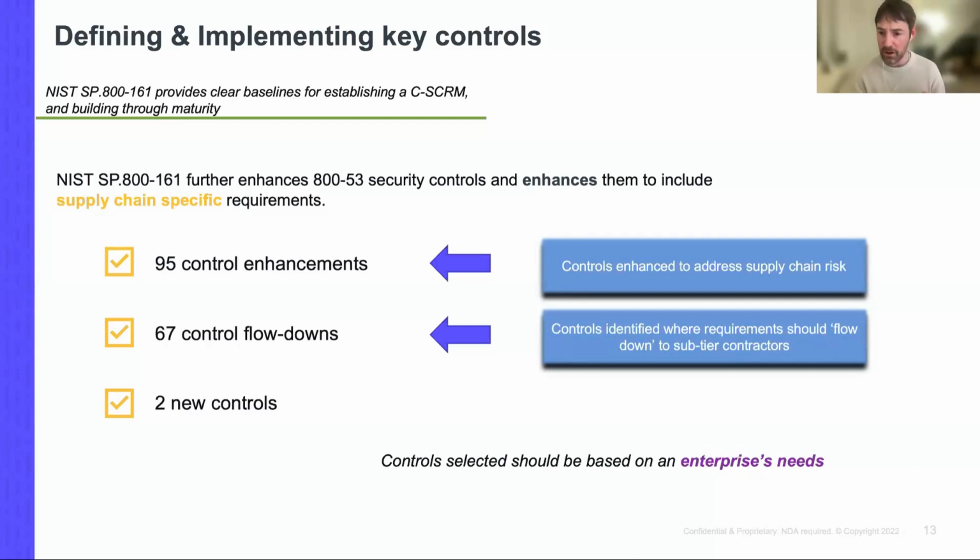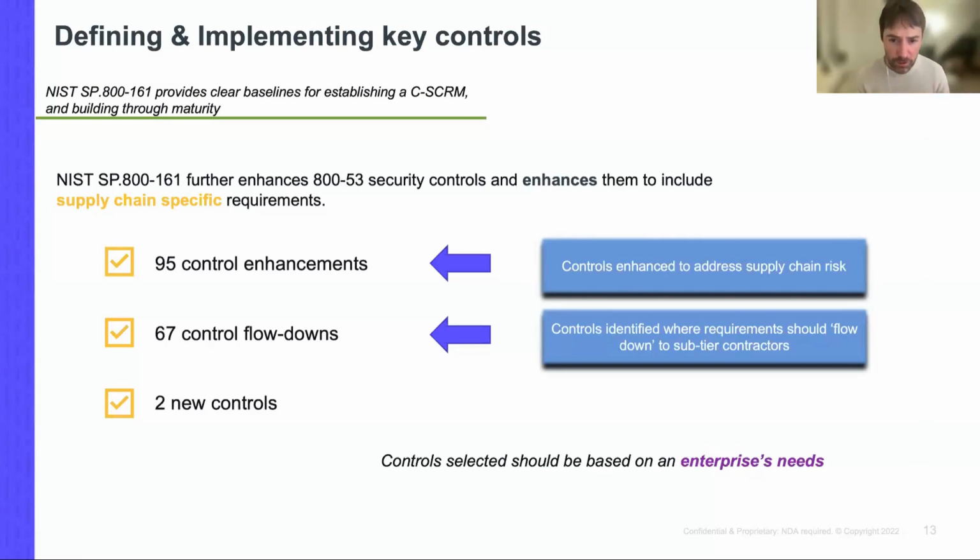For example, where there are existing controls on access or system maintenance or incident management, or personnel background checks, it's added enhanced text to say, if you're dealing with access control and you're dealing with a third party or a supplier who may have access to sensitive information, these are the areas that we need to start considering, or that you should be considering.